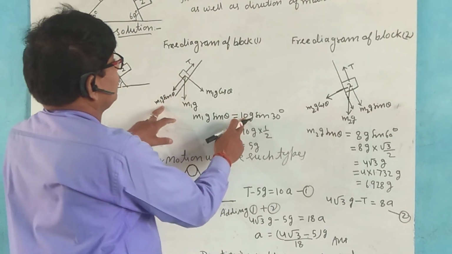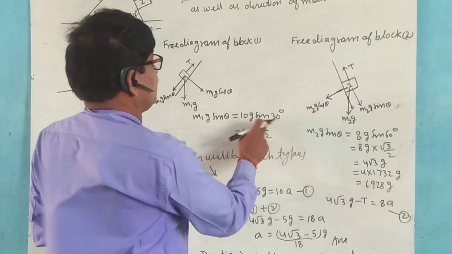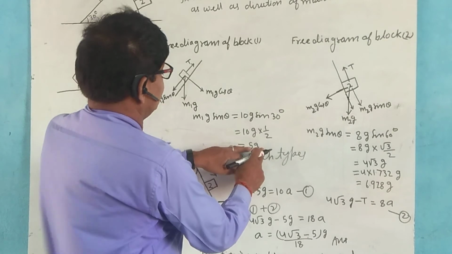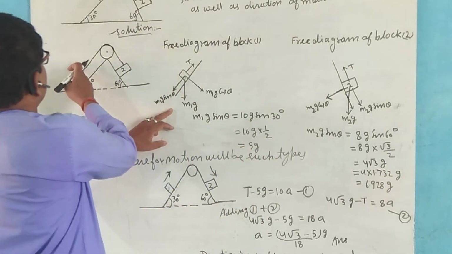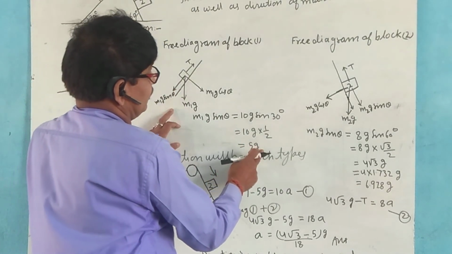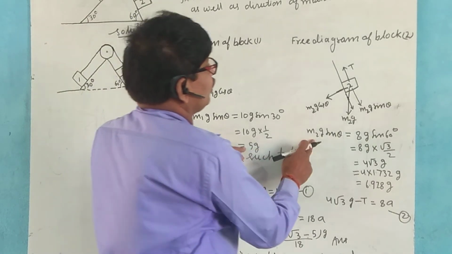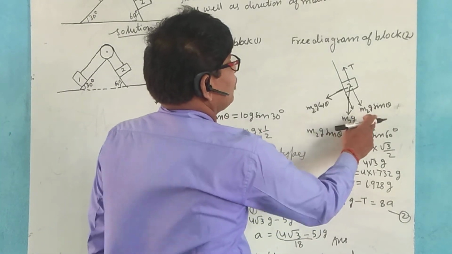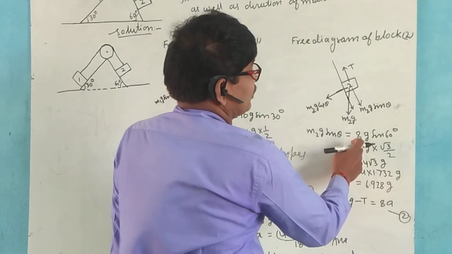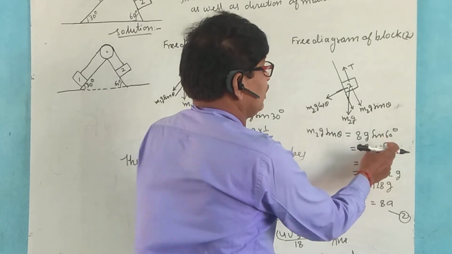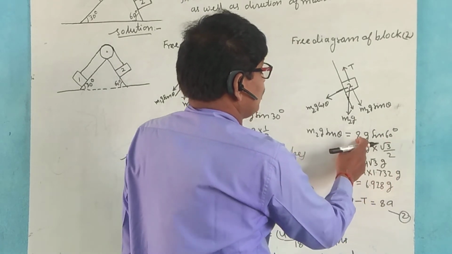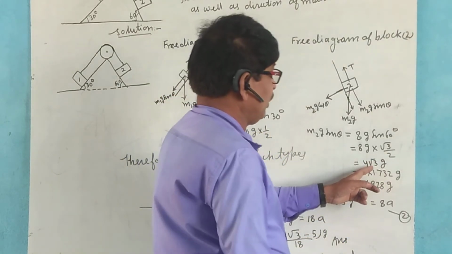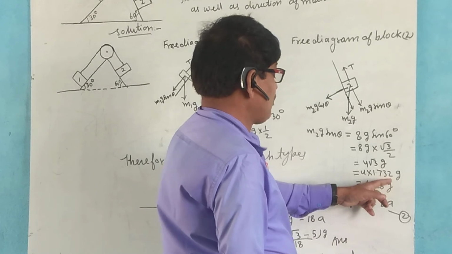M1 is equal to 10 kg, g sin 30 degrees, sin 30 is equal to 1 by 2, so that the force acting in this direction is 5g, and the force in this direction we calculate here: M2g sin theta, 8g sin 60 degrees, root 3 by 2, 2 4s are 8, 4 root 3 g, putting the value of root 3 as 1.732.